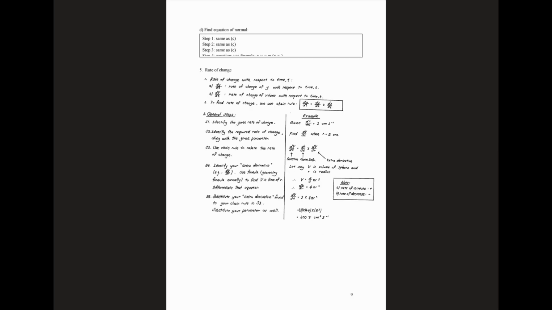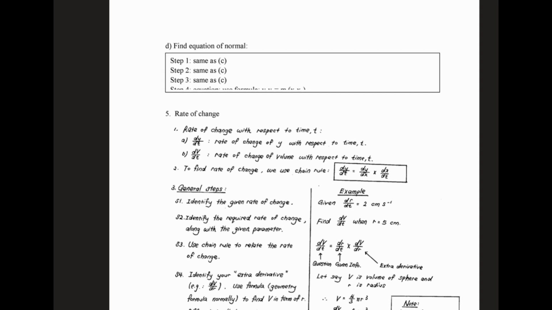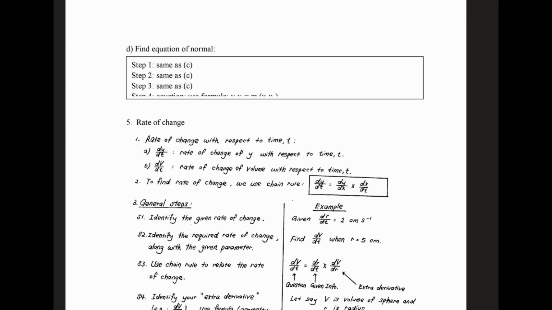On the next page, we have equation of normal. To find the equation of normal, first step, differentiate the curve. Second step, substitute point P into the dy/dx. Third step, use the perpendicular formula to find gradient of normal.